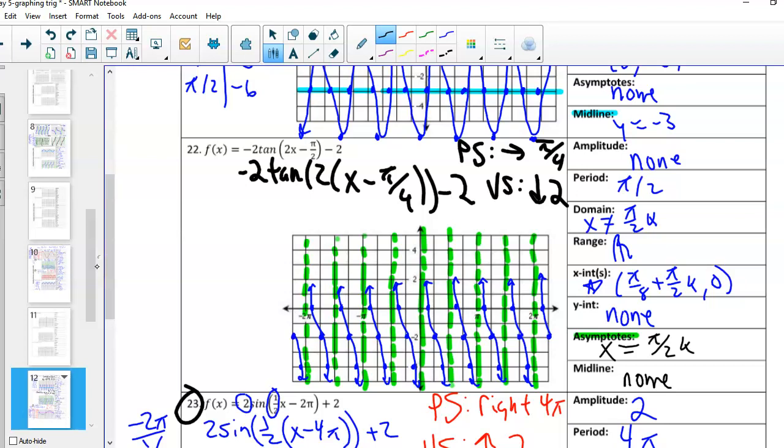So this one, you can't really see the phase shift unless you're thinking about the ones in between. Usually it starts at 0, 0, but it has been shifted left pi over 4, so you can see it with those points, just not necessarily the asymptotes.